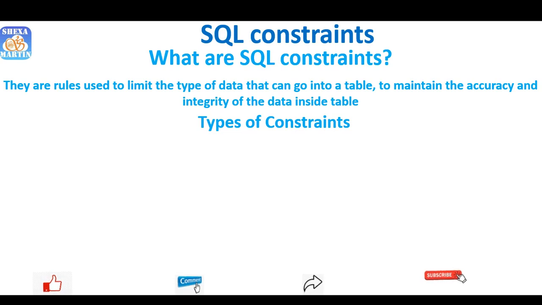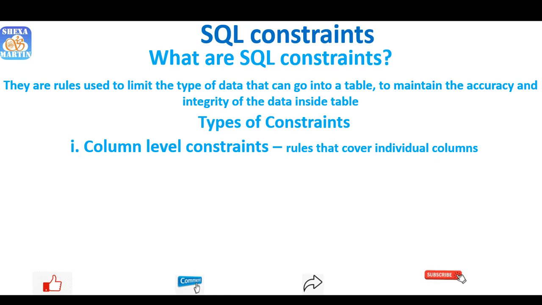Right. So the types of SQL constraints that we have are column level constraints and table level constraints. These are the two types of constraints that we have.